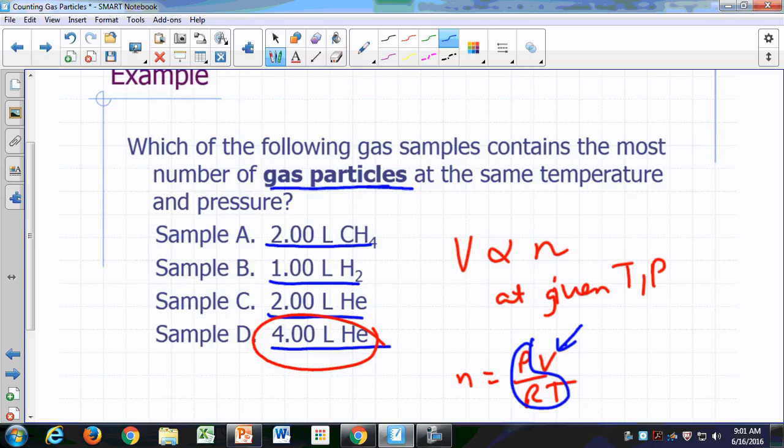Or you can rearrange this: volume equals nRT over P. Then you can say the more moles you have, the bigger the volume. Number of moles times molar volume. You can see this RT over P is volume per mole, times the number of moles will give you the actual volume.